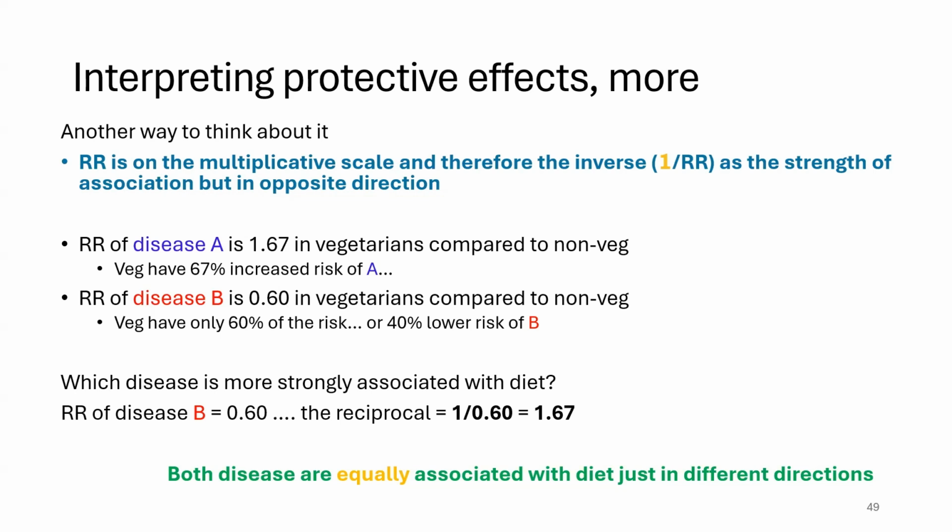So if one of these were 2 and the other was 3, you could say that the one that is 3 has a greater magnitude compared to the one with a value of 2. If both are measured as protective factors and you're comparing the magnitude there, you would just compare which one is further away from 1.